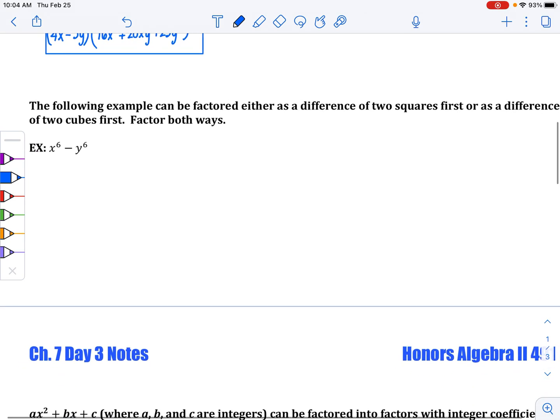Right? Both ways work. So how about we do difference of two cubes? We'll look for that first. Then we'll look at the difference of two squares the next time we solve it.